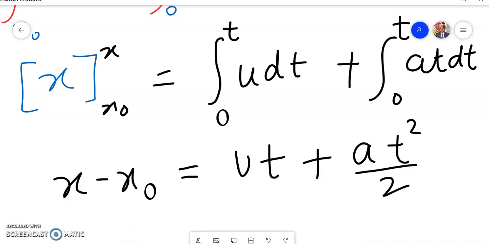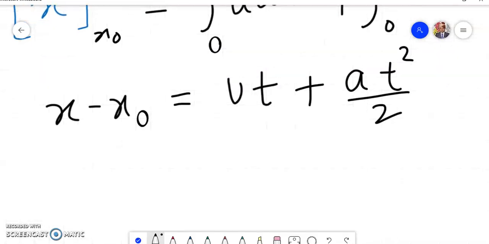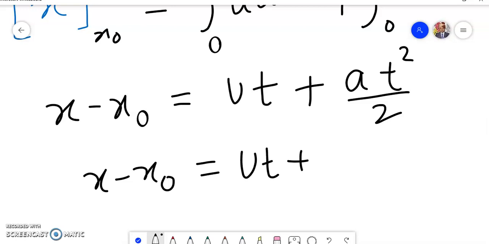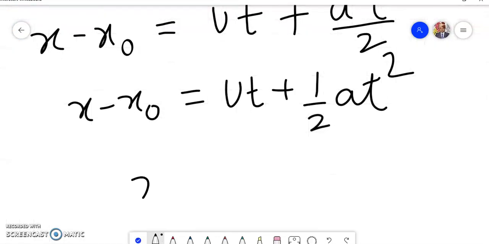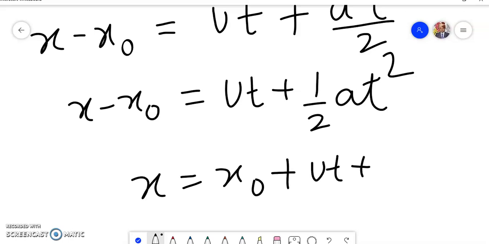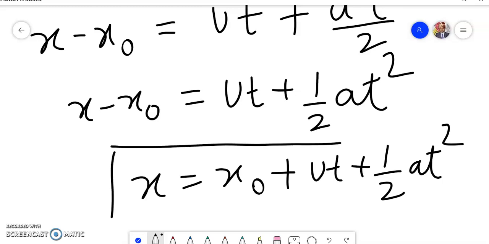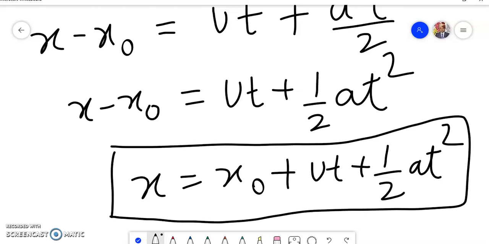So lastly x minus x naught is equal to ut plus half at square. So x is equal to x naught plus ut plus half at square. This is the second relation, or we also write it as s is equal to ut plus half at square.